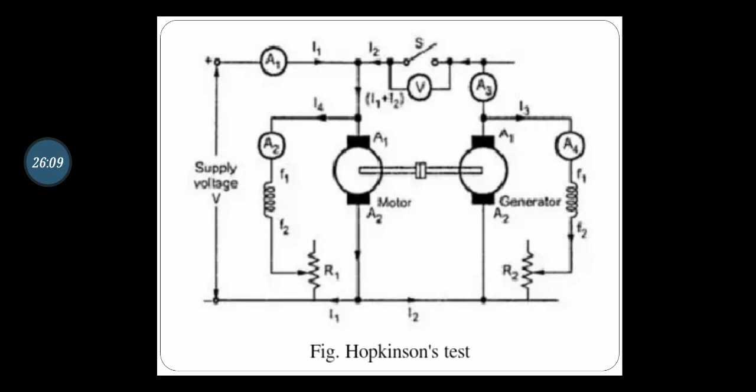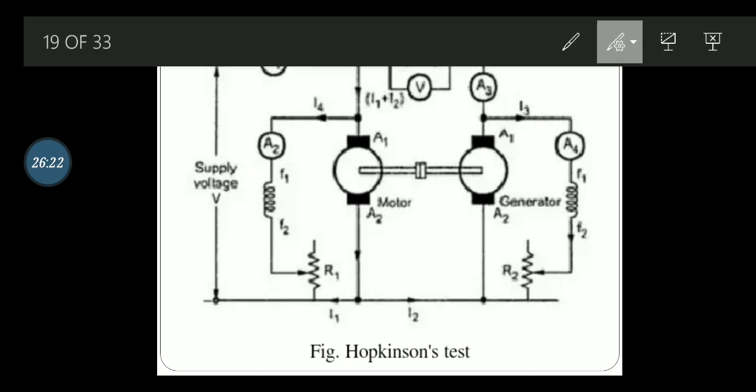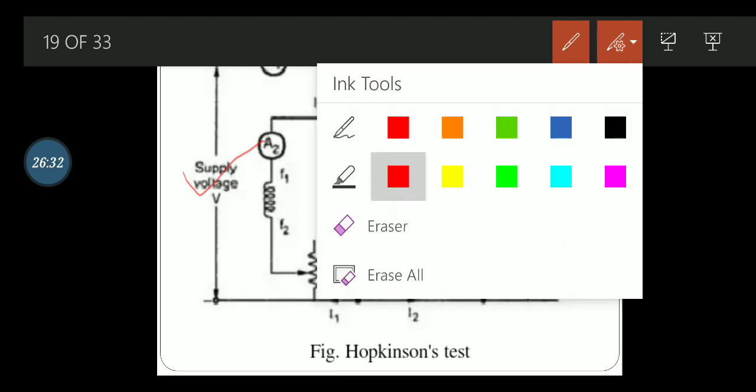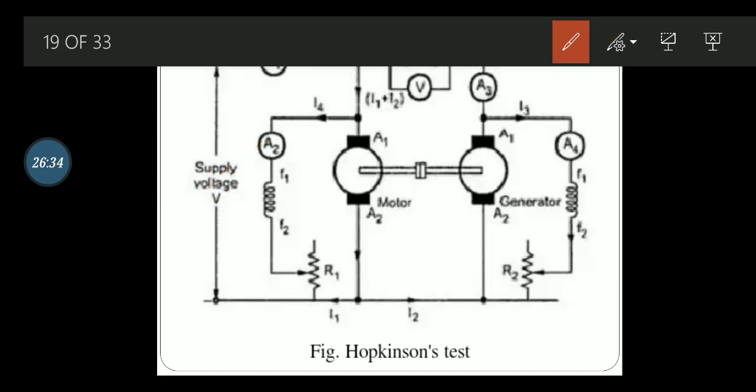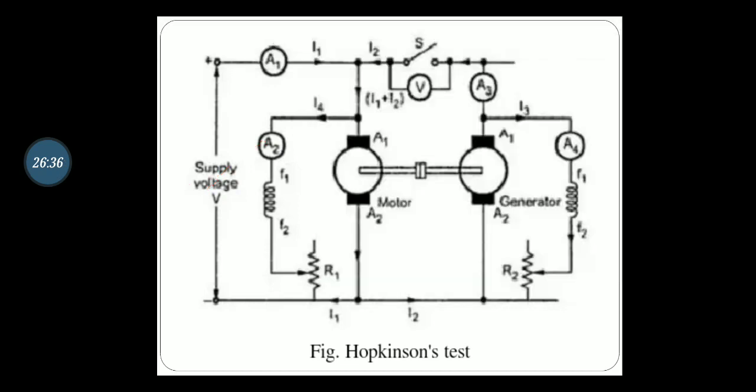Once the switch is closed, the motor will draw a small current from the supply. The maximum current can be taken by the generator itself. You know the generator output draws the current I2.